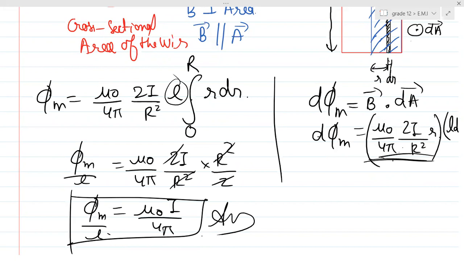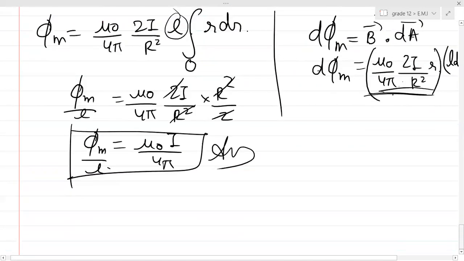They asked for the flux per unit length, right? Okay. Is this clear?